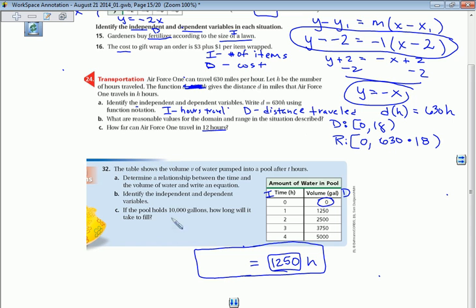So if I would say, okay, this pool will only hold 10,000 gallons, then you can figure out how long you can fill it. And then we would also know the range would go from 0 to 10,000. And then the domain would go from 0 to whatever is 10,000 divided by 8. It's 8? Yes. Okay. Beautiful.